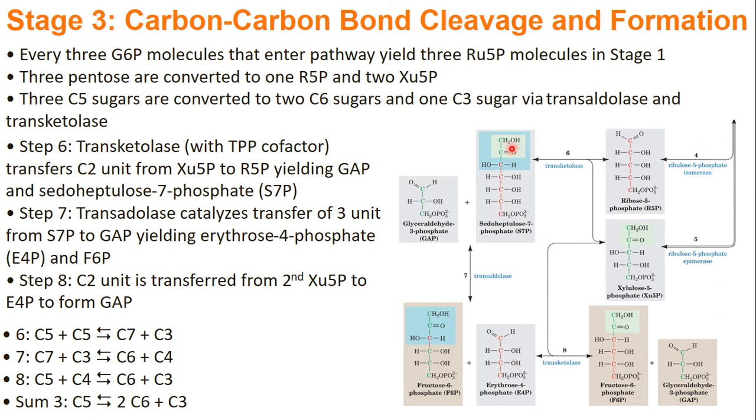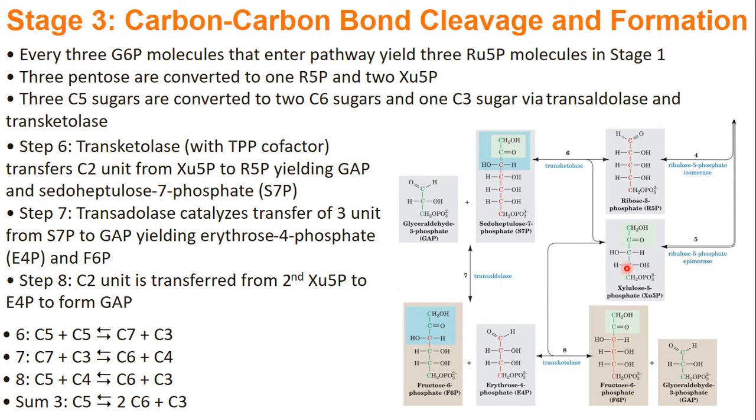So this blue box is showing that this came originally from our xylulose, and now it's been given over to make fructose. Once we have that, we take another xylulose 5-phosphate and we combine it with our E4P. Our F6P here, it's done. We're not going to touch this anymore.